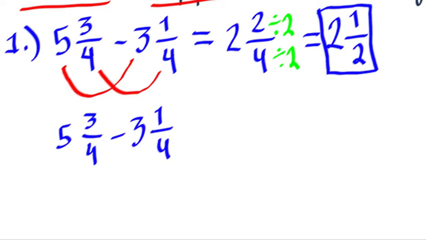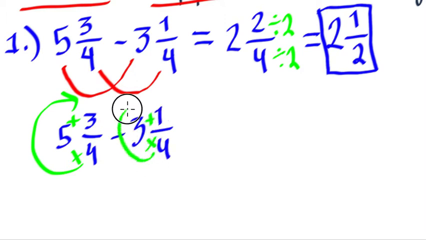Remember, how do we change mixed numbers to improper? We multiply 5 times 4, and then we add the numerator 3. Again, we multiply 3 and 4, and then add the product to 1. So this is the method here. I hope that I made it clear.